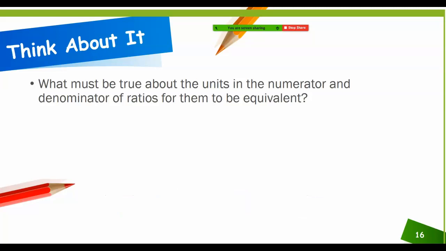So last thing, what must be true about the numerator and denominator of ratios for them to be equal? What has to be true? If you want two fractions to be equivalent, what has to be true? They have to what? Go ahead, Dominique. Yeah, they have to simplify to the same thing.